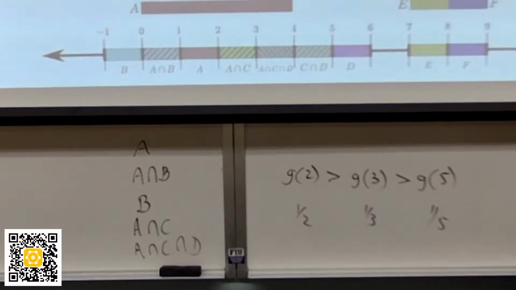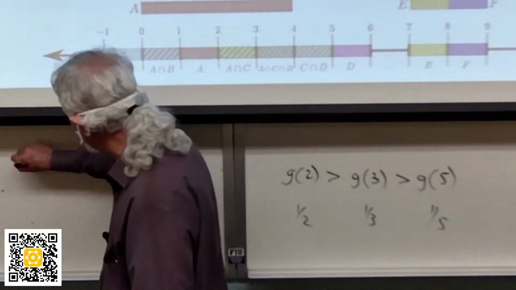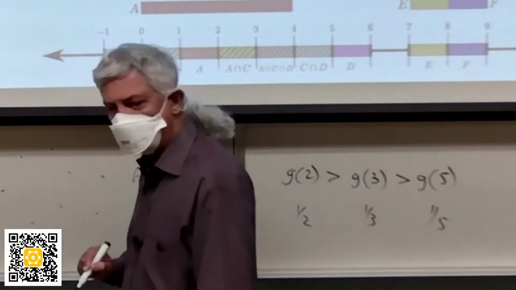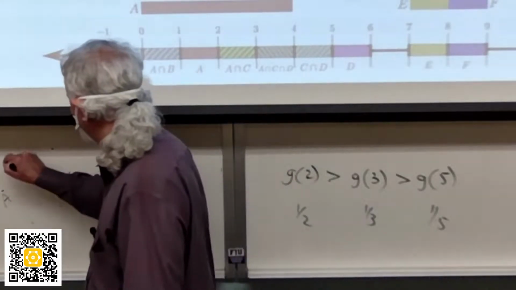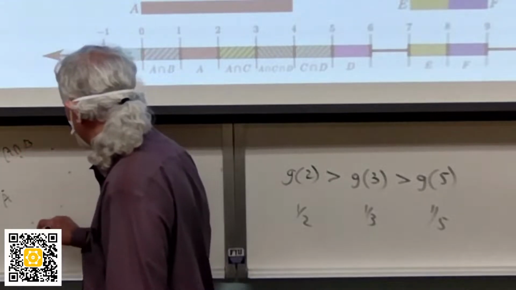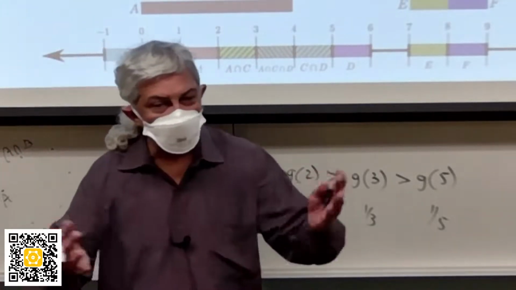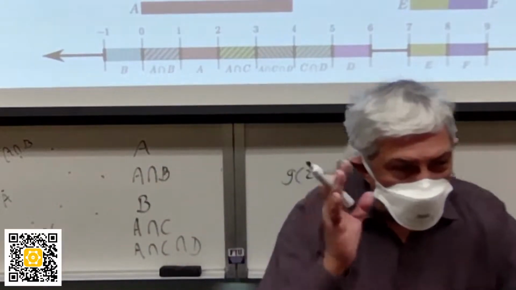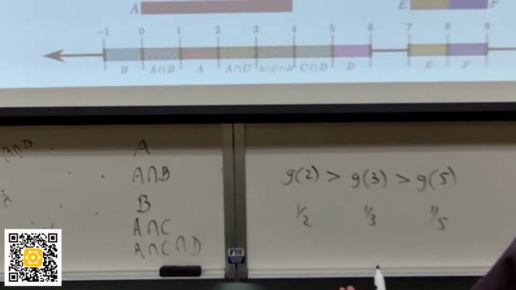Sure, but remember there's no ordering. So these are vertices. The vertices are just sitting like so. I have no idea what goes where. So this is A intersect B, this is A intersect C, this is A intersect B intersect C, things like that. And I have no idea in what order. I can't place them on the line yet.